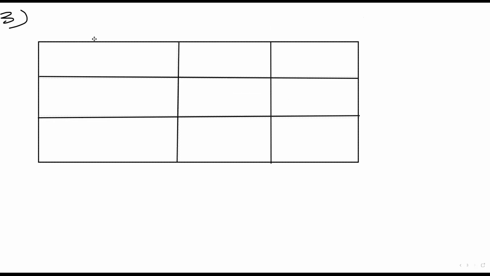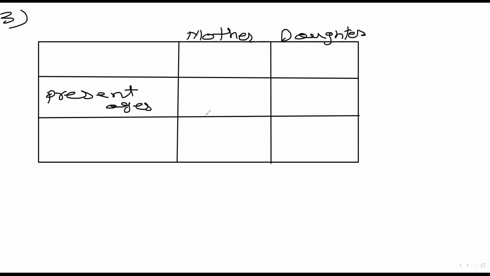Here, I'm going to say mother, and here you will say daughter. So, one column for mother, another column for daughter, right? So, let the present ages, which should be in the middle row, of course in years, be X and Y.